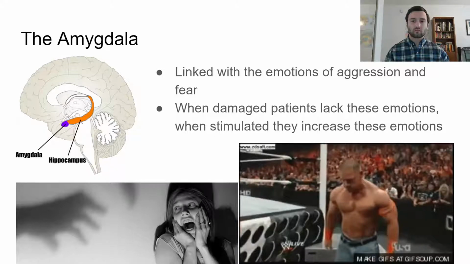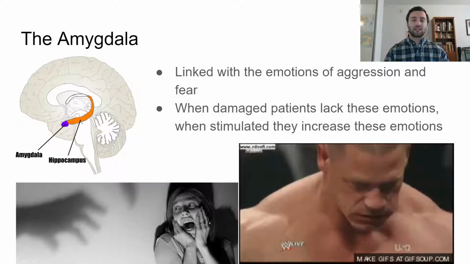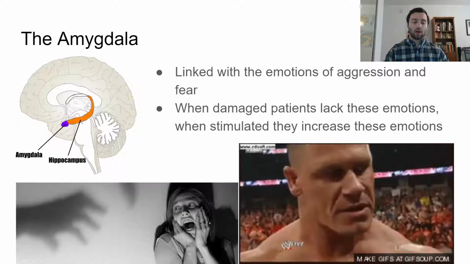We see that when we experience damage in these areas, that's what's affected. It depends on what part of the amygdala, and we could be much more specific, or you would be if you were studying this. But if a specific part of the amygdala gets damaged, we see patients who will literally lack those emotions, so they won't experience fear at all, or they won't experience aggression at all.